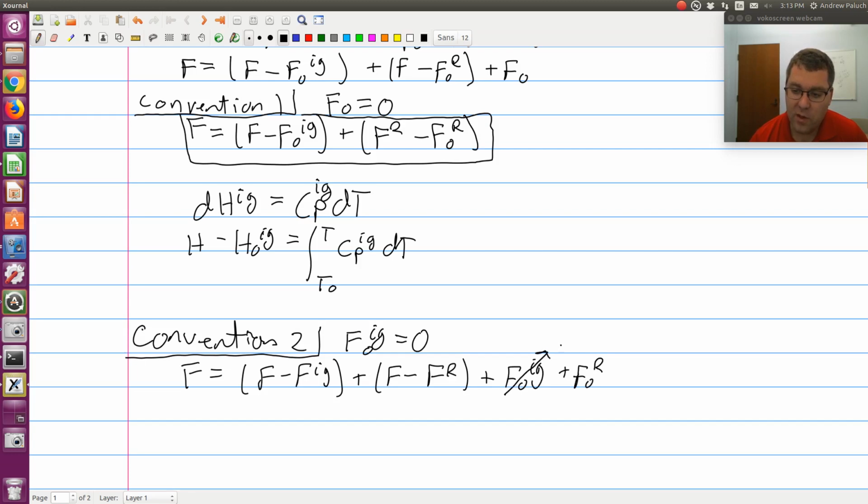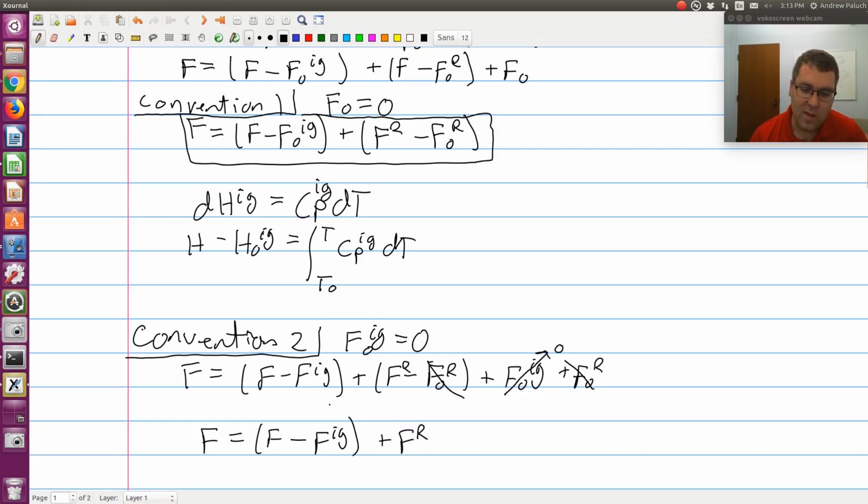Well, we just took f naught ideal gas to be equal to 0. That f naught residual would cancel with this positive f naught residual. So I'll kill those, and I'm left with f is equal to f minus f ideal gas plus f residual.